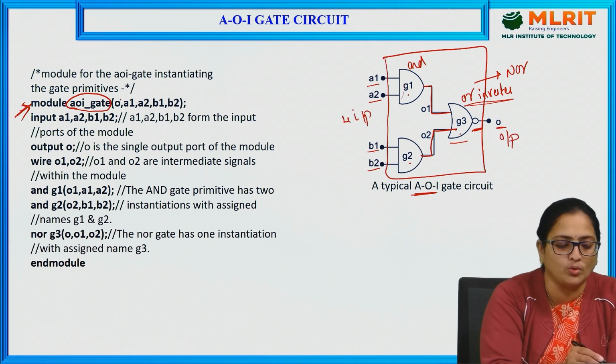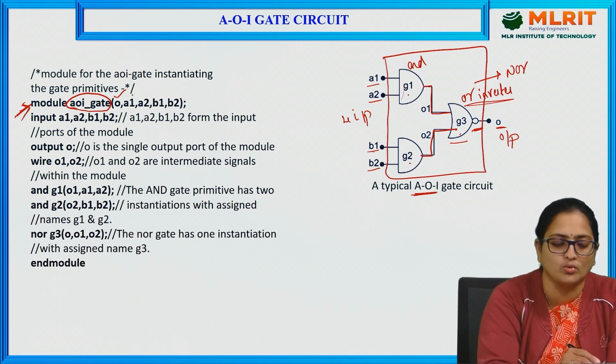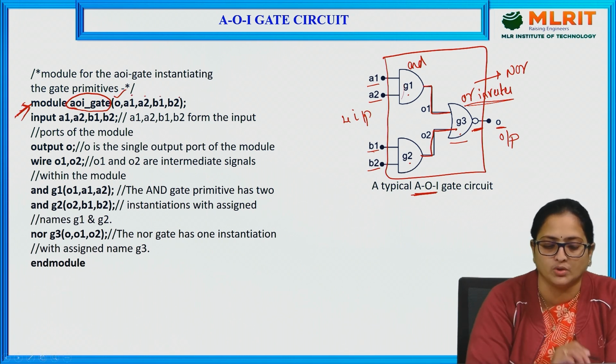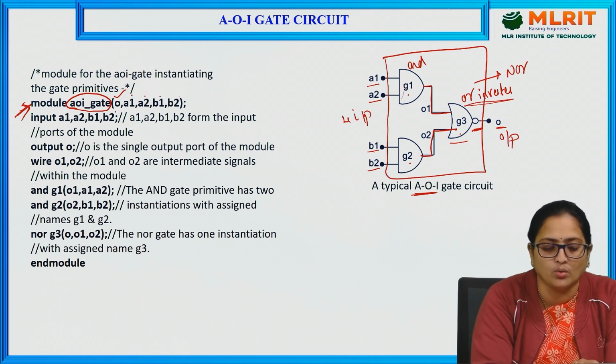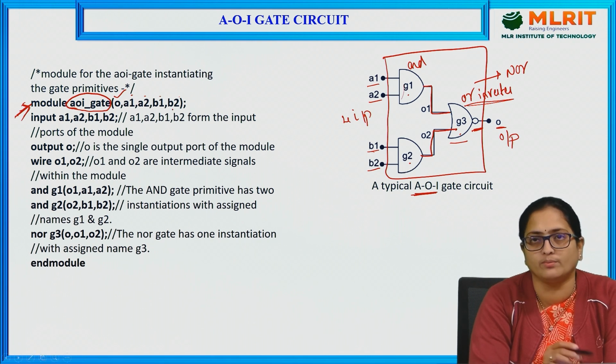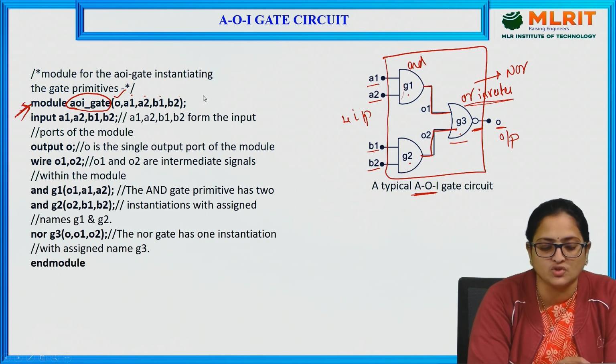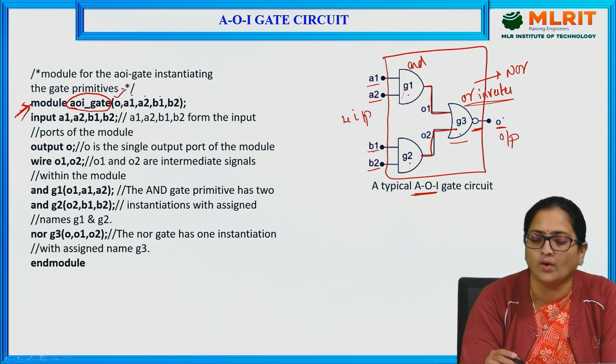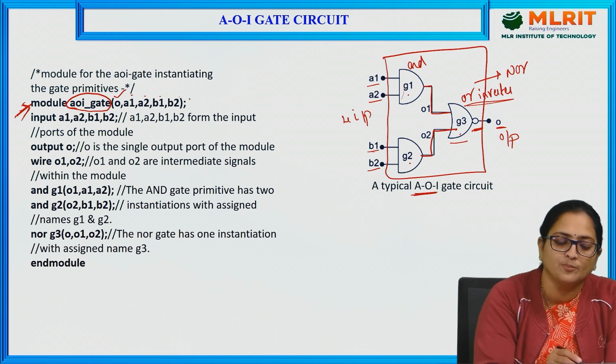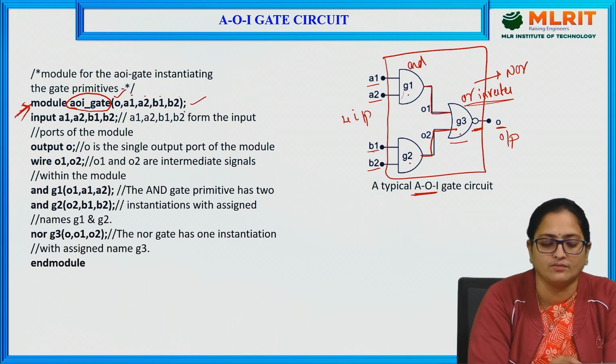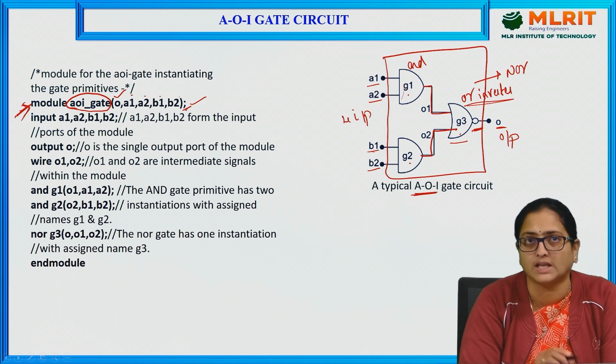The output port is O and the 4 input ports are A1, A2, B1, B2. I didn't mention whether O is the output port or A1, A2, B1, B2 are input ports. I just mentioned the ports here, O, A1, A2, B1, B2, and end with a semicolon, which defines the termination of this particular statement.